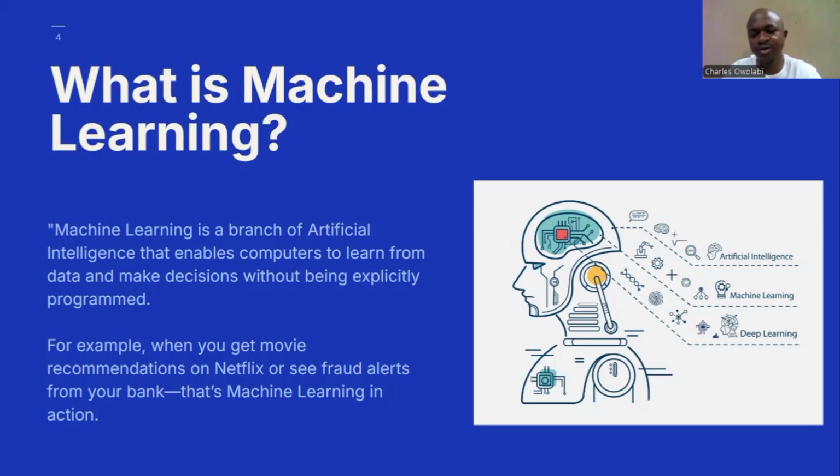One would actually expect that machines will operate because they have been programmed to do so. But in the case of machine learning, it is not actually programmed, but rather it learns from data to be able to make decisions. And that makes it very distinct.